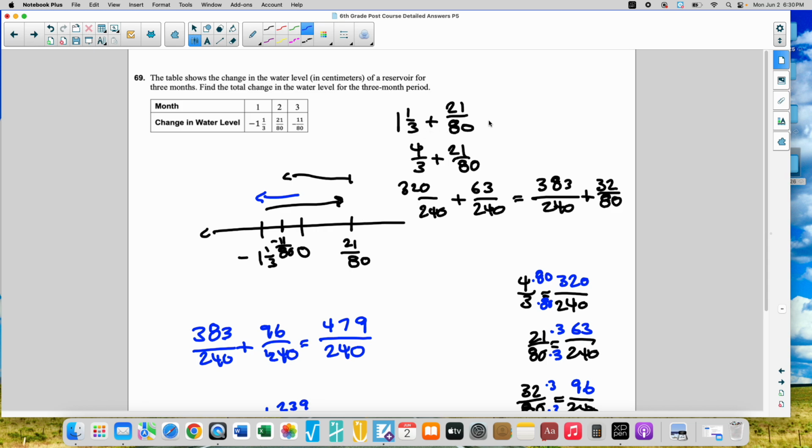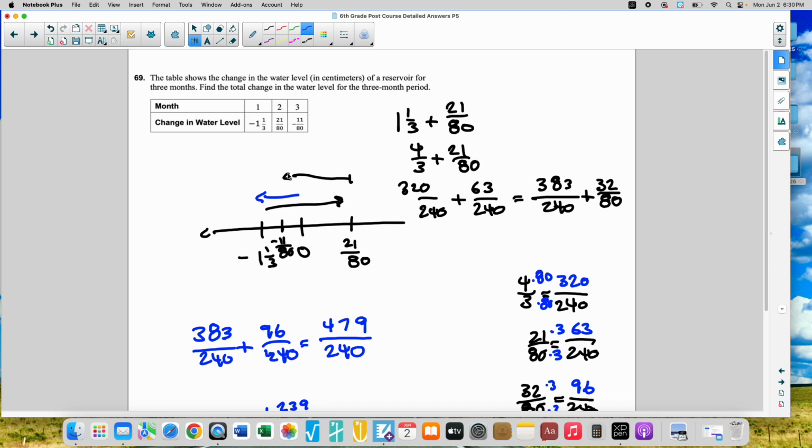So I'm not certain what silly mistake Mr. Mac made. The total change in the water level for the 3-month period. After 1 month, it changed 1 1/3. Then it changed that much, and then it changed that much.